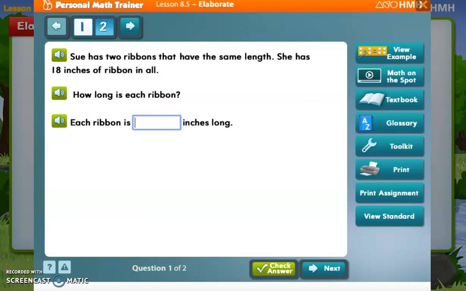So if she has 2 ribbons that have the same length, and she has 18 inches of ribbon in all, then each ribbon should be 9 inches long, right? So if that first one equals 9 inches, and then let's say you had a number line, right? Actually, I think I can pull one up.